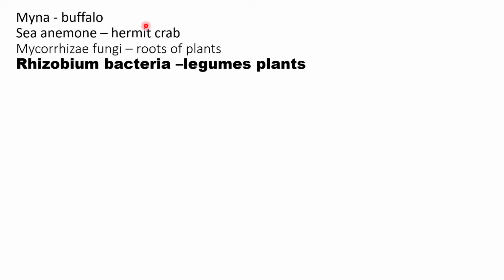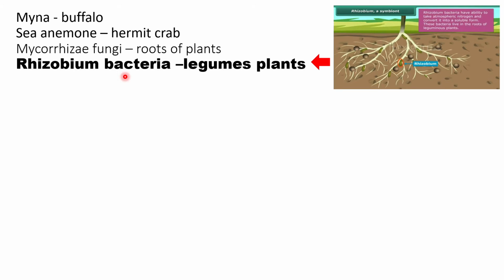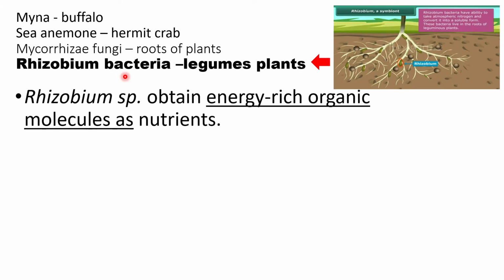Okay, another example is the rhizobium bacteria, rhizobium species dengan leguminous plants, tumbuhan pokok kekacang. Okay, do you still remember that we have come across this when we discussed nitrogen cycle the other day? Di mana rhizobium species ini, iaitu sejenis bakteria, it is able to convert atmospheric nitrogen into soluble form. That means jadikan dia sebagai ammonium compound.